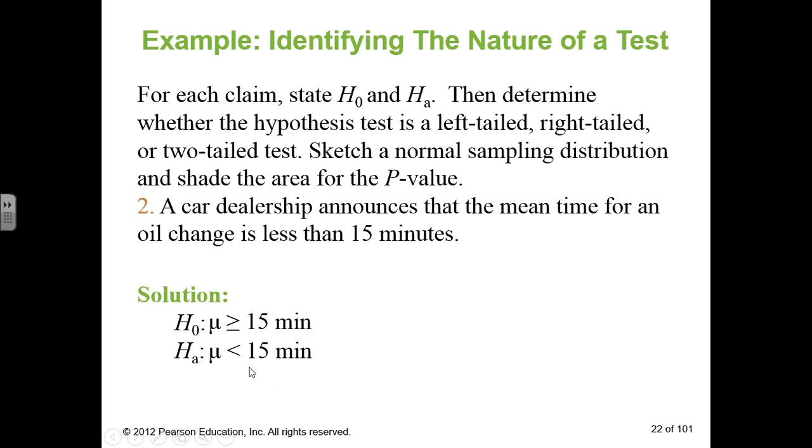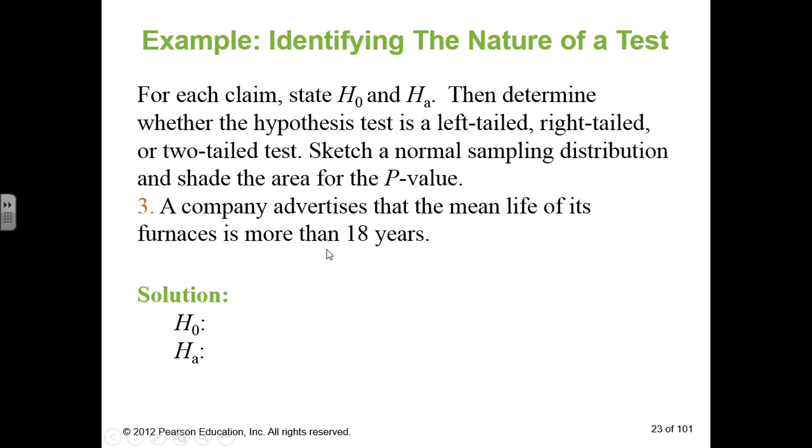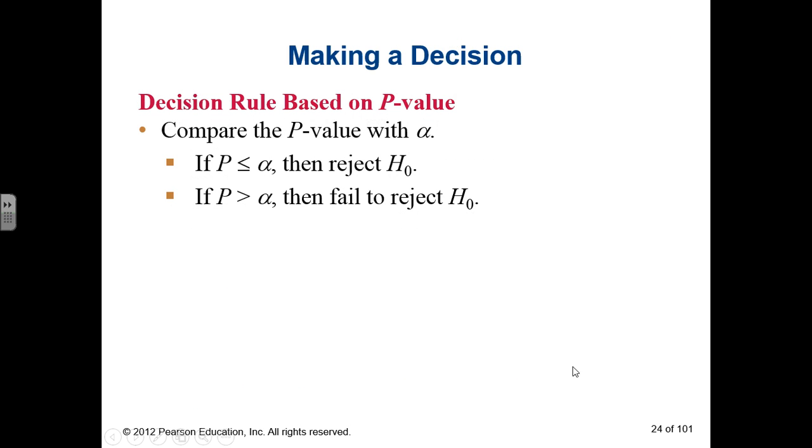Less than 50, remember that claim was the alternative, which makes this a left tail test, and all of P is shaded in the left tail. This one we decided a minute ago was a greater than, which is the alternative is greater than, which makes this a right tail test, and all of P is shaded in the right tail.